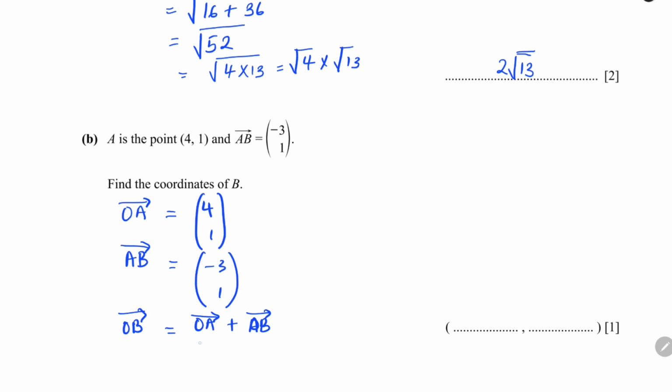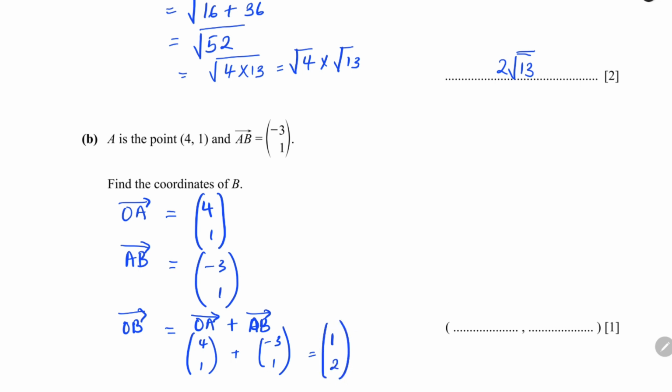All right, so this means (4, 1) plus (minus 3, 1). Remember, we add (4, 1) to (minus 3, 1). 4 plus minus 3 is going to give us 1, and 1 plus 1 will give us 2.